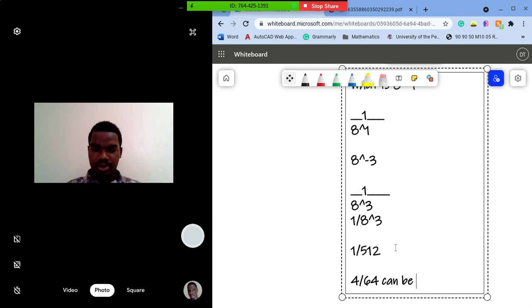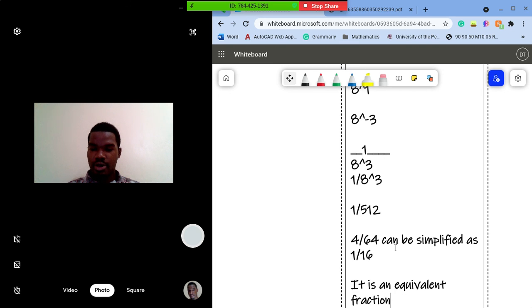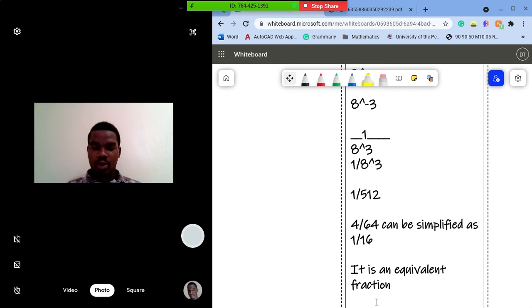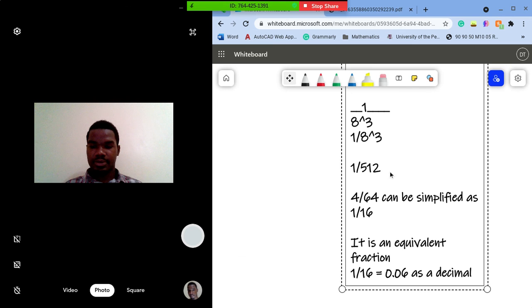It can be simplified as 1 over 16, or we say it is an equivalent fraction. They represent the same value. And 1 over 16 is equal to 0.0625 as a decimal. Clear?